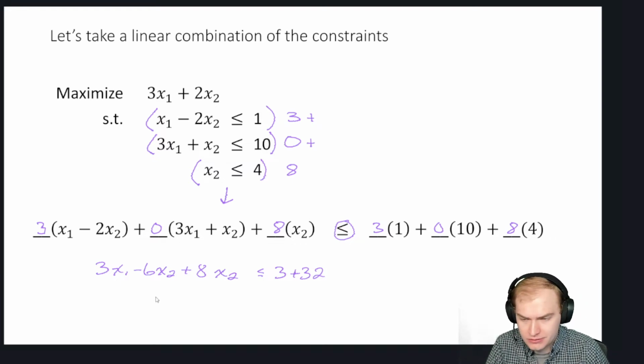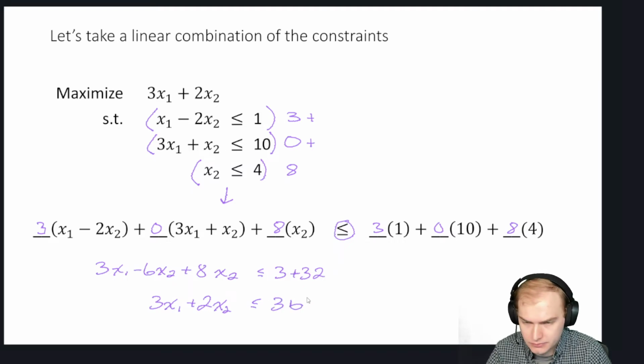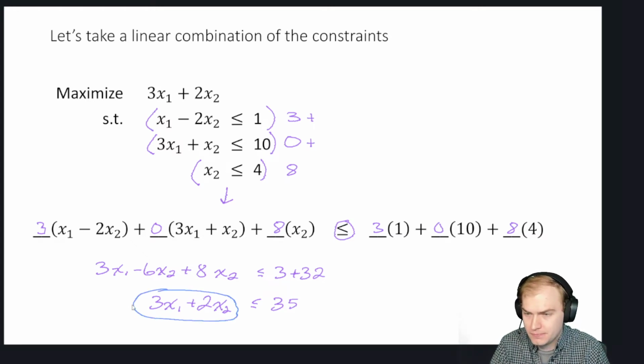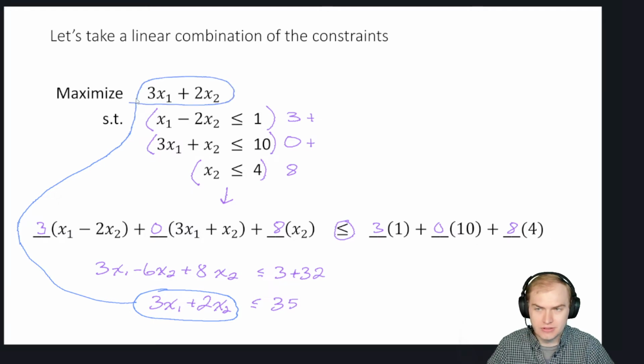Which then simplifies further. 3x1 plus 2x2 less than or equal to 35. So the first thing we need to notice is that this term is the same as our objective function.